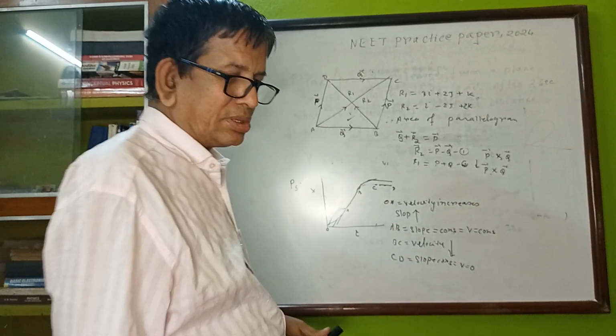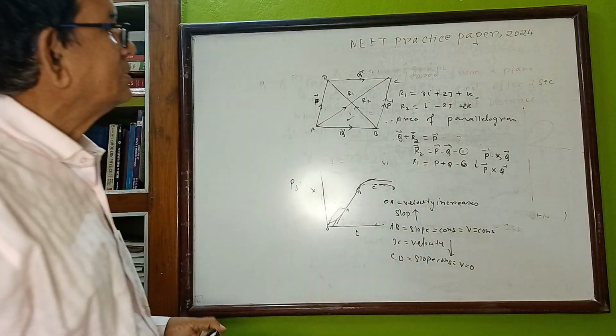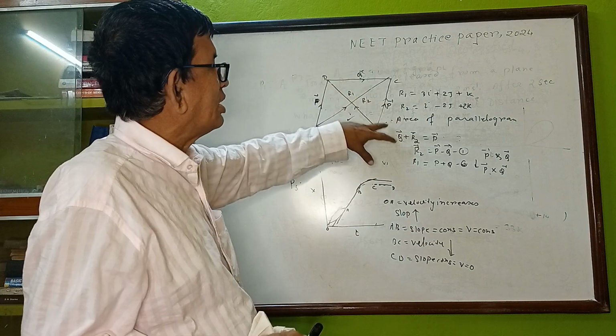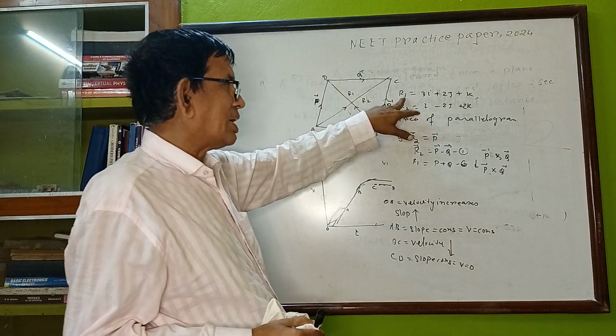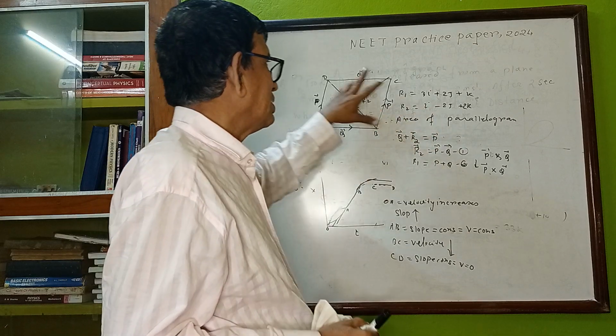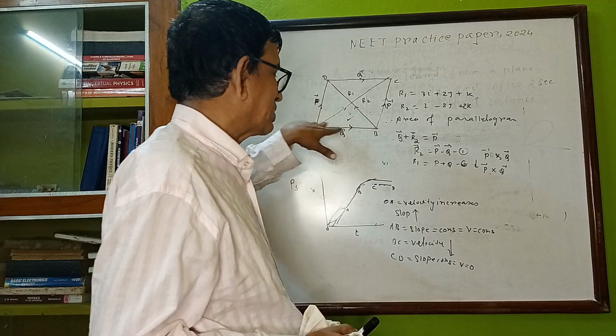Next question that is coming. Any confusion, then you can solve it on your paper. R1 is given, a diagonal, and R2, another diagonal, is given. Then you draw the parallelogram and take the sides with appropriate direction.